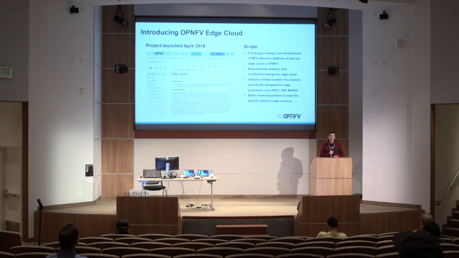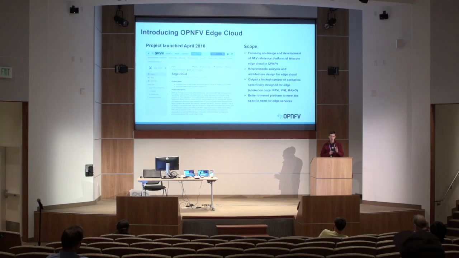If you look at what an OPNFV release is, it consists of scenarios. A scenario is a sort of cut through of all the ingredients, options and configurations. That may be the type of SDN controller, whether you have high availability, that kind of thing.